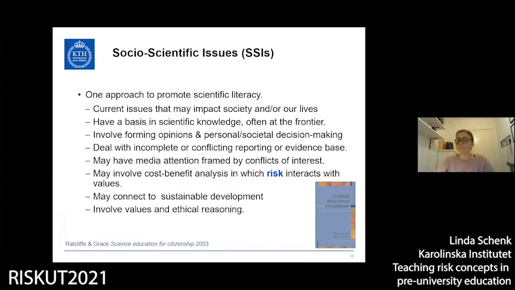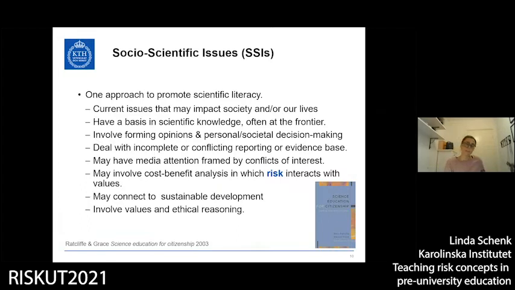They have a basis in scientific knowledge and often at the frontier. They involve forming opinions and personal or societal decision-making. And they deal with incomplete or conflicting reports or evidence bases, which in turn may lead to these issues having a media attention framed by conflicts of interests.